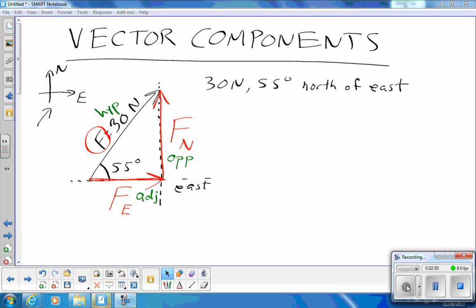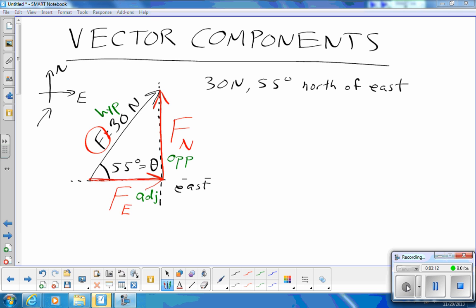Okay, so now I'm going to do two calculations. One to find the north component, one to find the east component. I'll do the east component first. It doesn't really matter. And I have to use a trigonometry formula with cosine or sine. In this case, it will be cosine because look at the values that I know. This angle here, this 55 degrees, is what we call theta. It's just the variable name for angles.